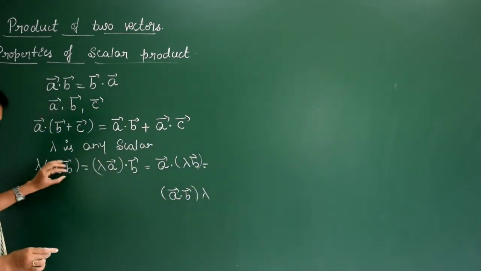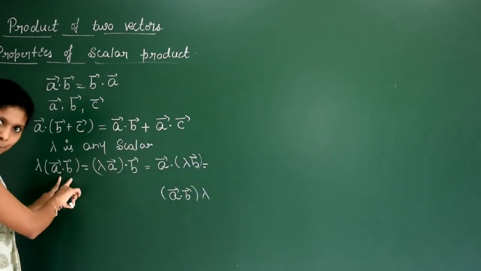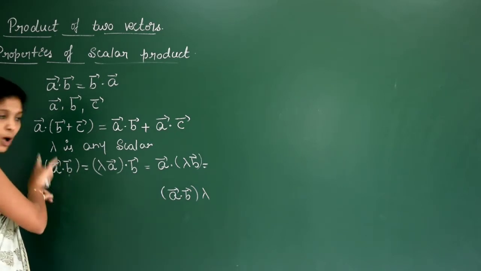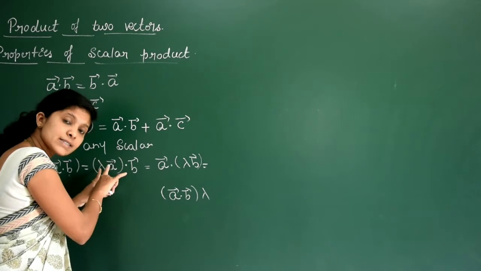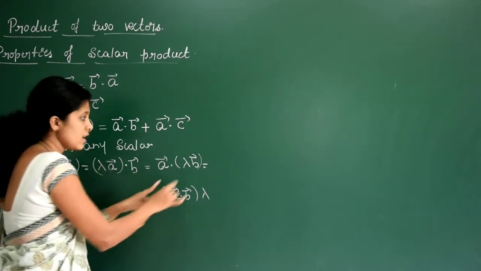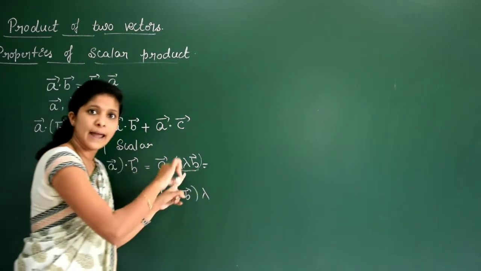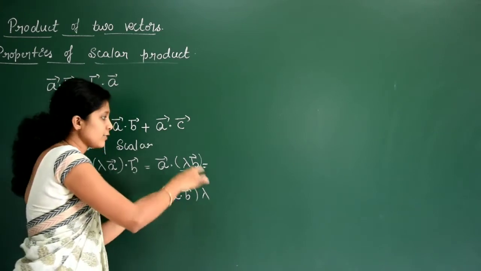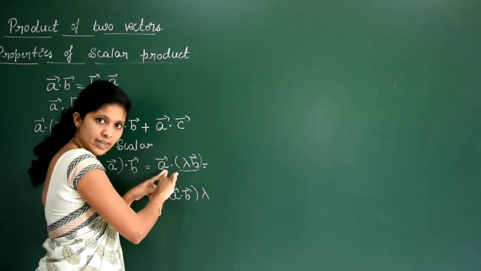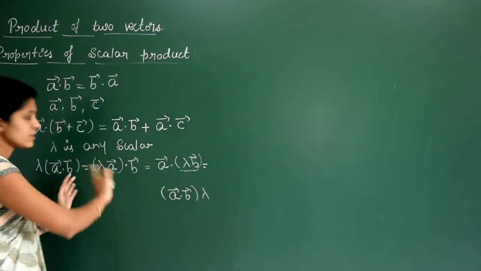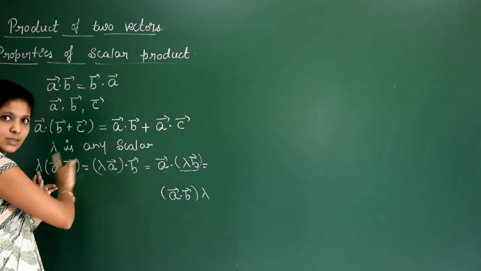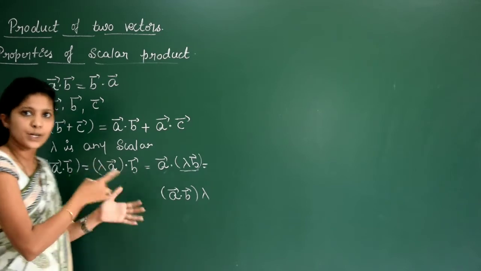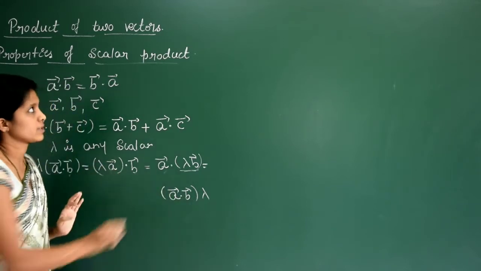Simple it is. You can first find the scalar product, then multiply with lambda, or first multiply lambda with A vector, then find the scalar product with B vector. Or first multiply lambda with the B vector, then find the scalar product with A vector. So whichever you do, all the values will be the same. Clear? So this is about that.